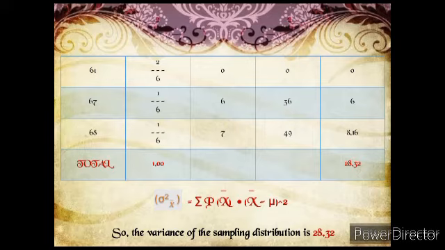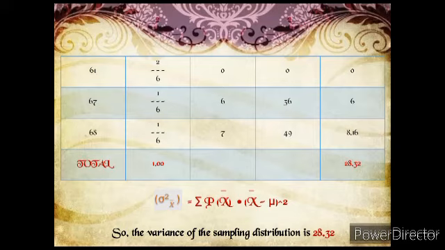So the total of all probability is still equals to 1, while the total of the probability times the sample mean minus the mean of the sampling distribution squared is equals to 28.32.